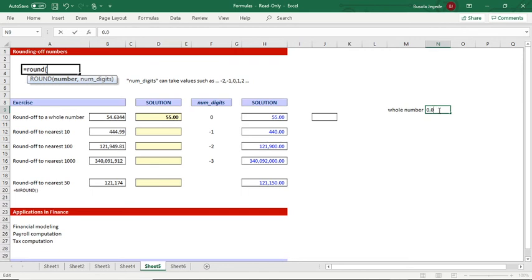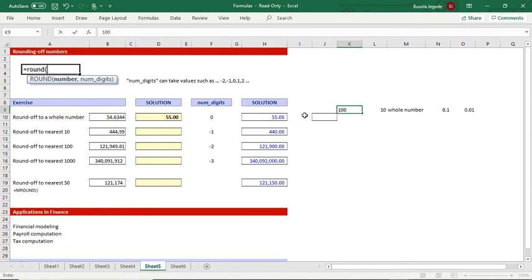So I have 0.0, 0.1, here I have 0.01. To the left of whole number, I have the nearest. For instance, if they say round up to the nearest 10, I have nearest 10. Here I have nearest 100, and like that.